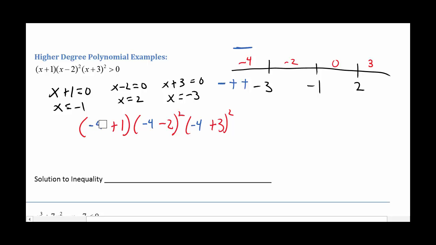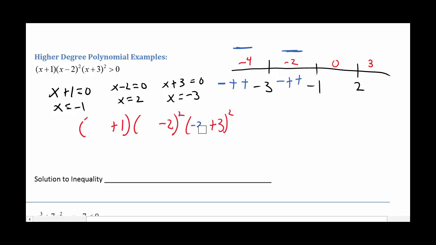Then we're going to come in and we'll do the test point of -2. So -2 plus 1, I get negative. -2 minus 2, so square that, I get positive. And -2 plus 3 squared, I get a positive. So again, I get a negative result, and that's okay.